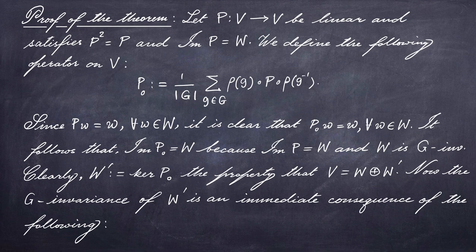If we set aside G invariance for the time being, then of course we can construct a W prime such that this happens, but this W prime may not have the G invariance property, right? So in view of the equivalence that we have just stated, we do have a projection operator whose image is W.